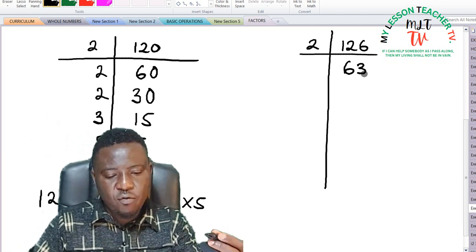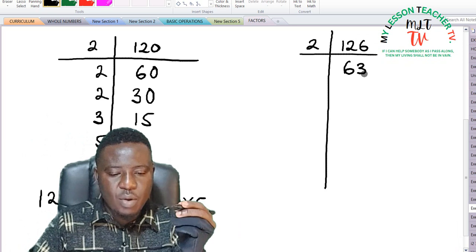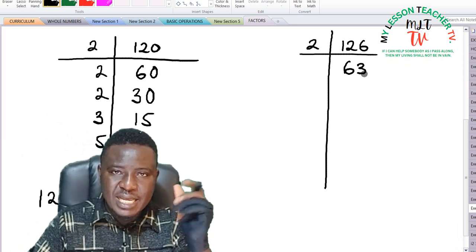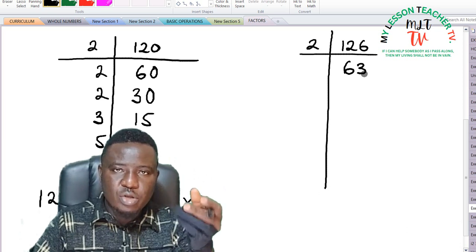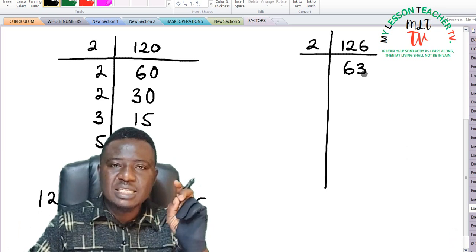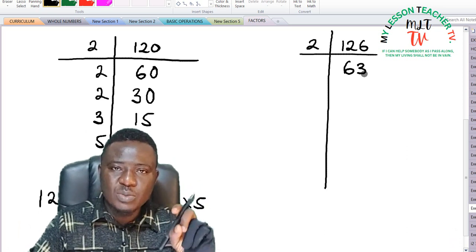So we test for the next prime number, which is 3. Is 63 divisible by 3? Yes, because when you sum up the digits in 63, it gives you a number that is divisible by 3 or a multiple of 3.